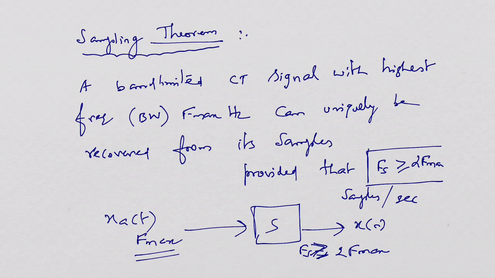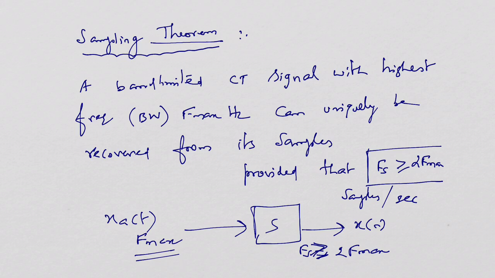X of n is generated from x of t, that is called a sampling process. For sampling, I need to know the maximum frequency. If the maximum frequency is f max, then I have to select sampling frequency greater than or equal to 2 f max. Is that clear to you? With some more examples in the next video, numerical problems, I can definitely explain the concepts thoroughly.